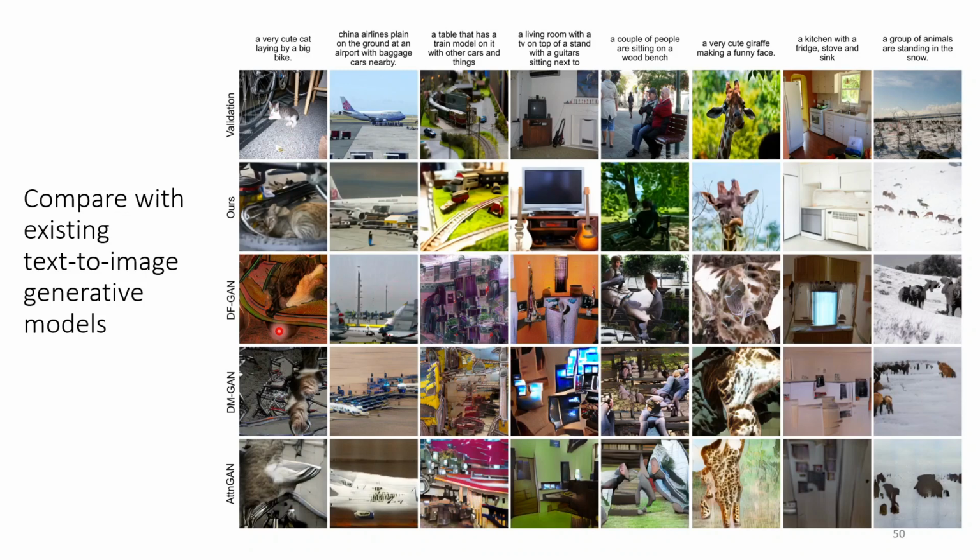And there are some existing methods, DFGAN, DNGAN, and ATTGAN. You see the three GANs in the table. Do you remember them? Okay. Given those sentences, they can generate images like this. So visually, for the giraffe, it looks better than the existing methods.